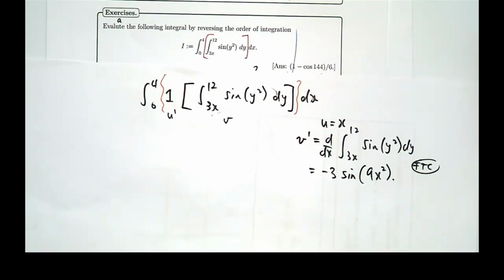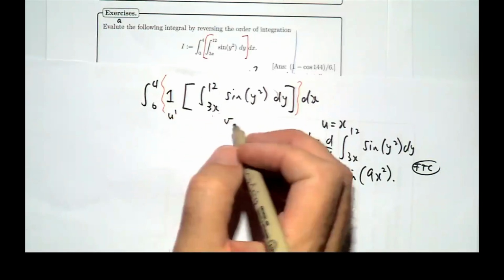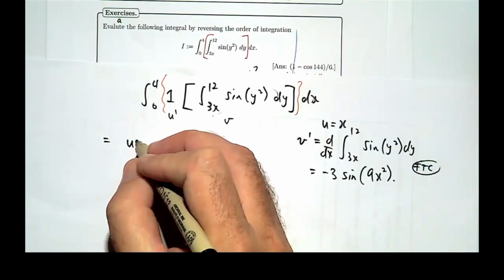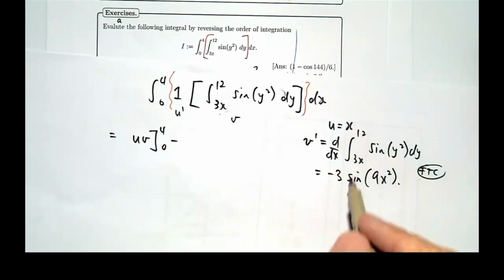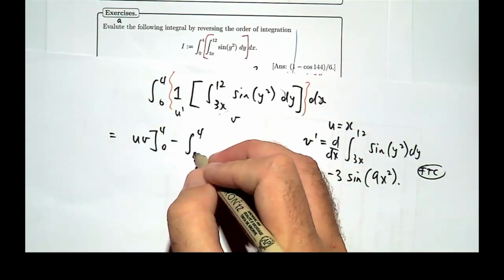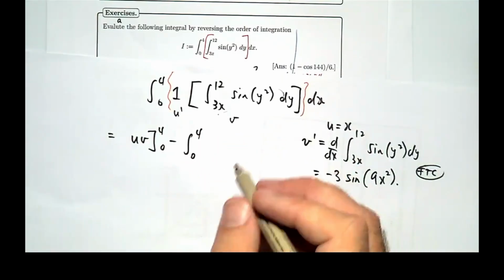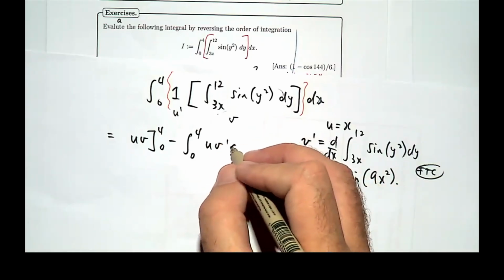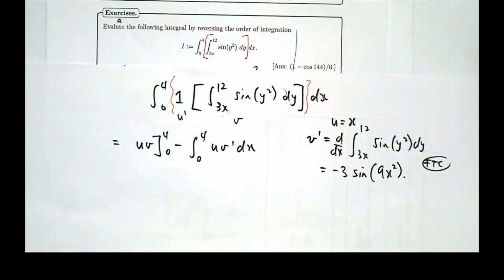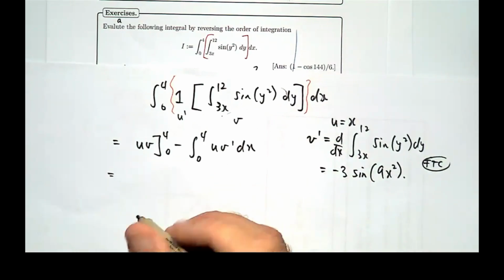So, what's the integration by parts formula? Okay, the integral of u times v is u times v minus the integral of this product. Okay, so let's write that down and see what we find.